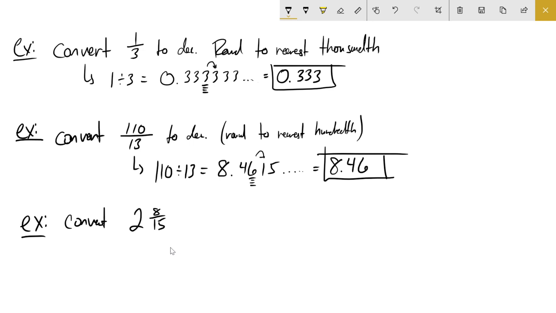So what do you do? Yeah, so one way you could do it is you could turn it improper. You could say, okay, well, 15 times 2 is 30. 30 plus 8, this is 38 over 15, which is 38 divided by 15. And then you pull out your calculator, and what does it give you? 2.5333. The 3 repeats? Yeah.